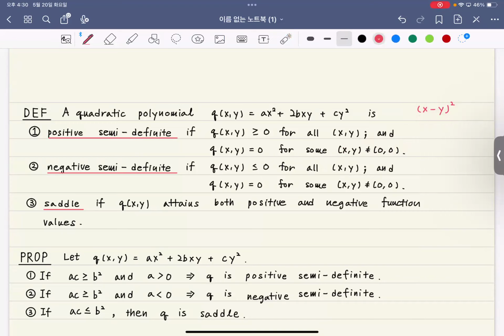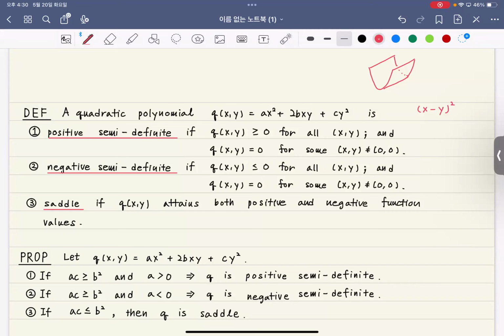In terms of the graph, the typical graph of a positive semi-definite polynomial will look like this. And negative semi-definite goes in an almost analogous way.